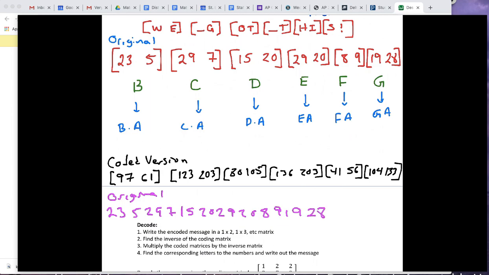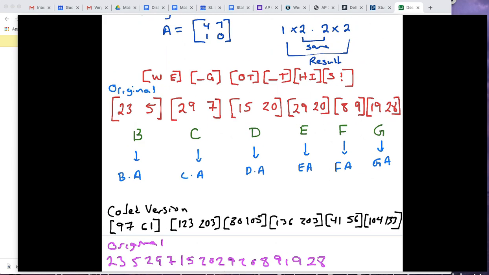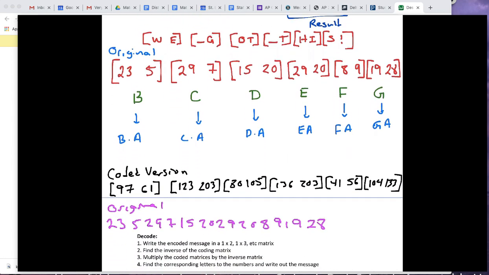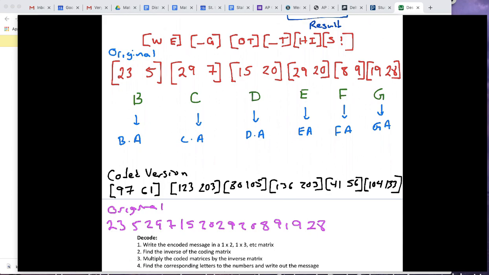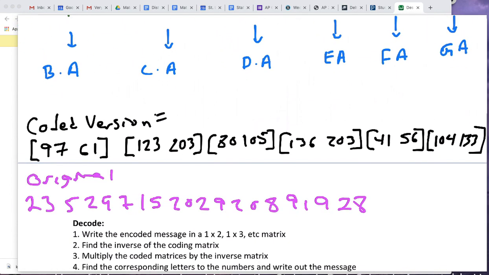If we wrote that down, even as a long thing, and I gave you the coding matrix, and then I gave you the coded version of these numbers, which would be all these numbers jumbled or written out.